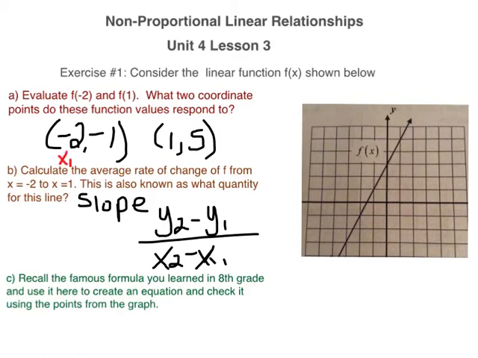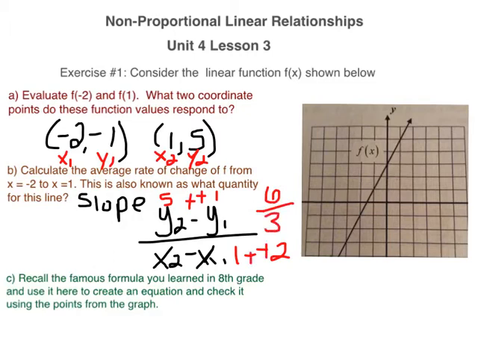That's labeling my points x1, y1, x2, y2. y2 is 5, y1 is negative 1, x2 is negative 2, let's back that up. x2 is not negative 2, x2 is 1 minus a negative 2. 5 minus a negative 1, a minus and a minus is going to give me a plus 6. Over 1 plus 2 is going to give me 3. 6 divided by 3 is 2. So the slope of this line is 2.